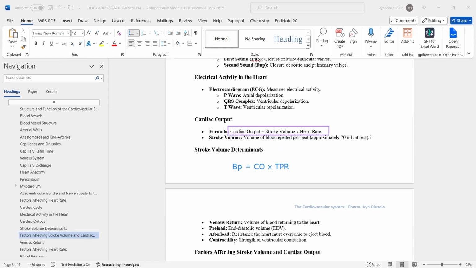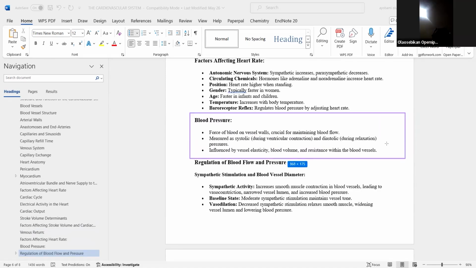So what is stroke volume? Stroke volume is the volume of blood ejected per beat, approximately 70 mL at rest. If you are not walking, not jogging, if you have not exercised, 70 mL of blood comes out of your heart per beat.